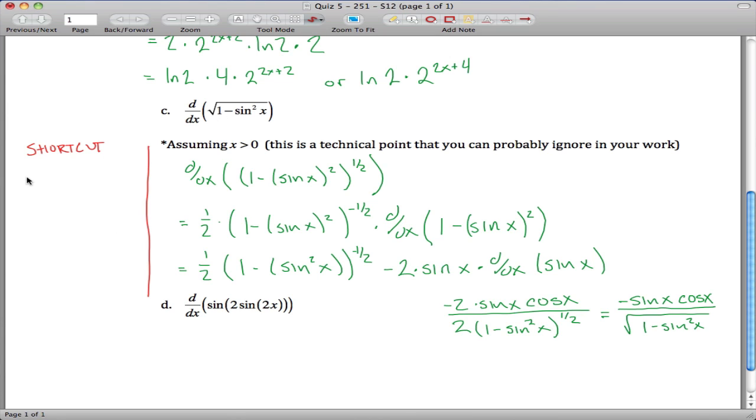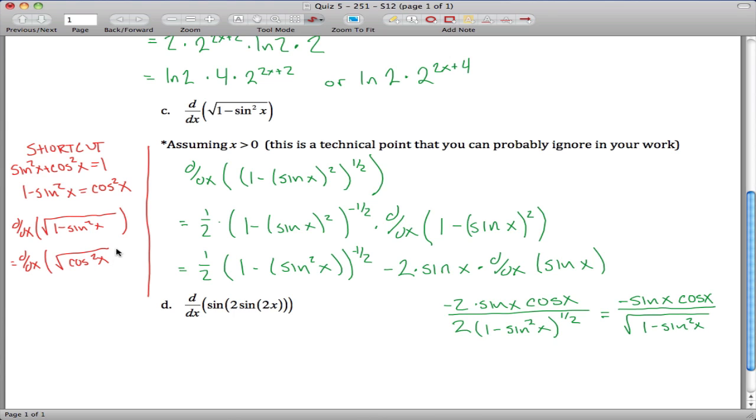And the shortcut is, remember, sine squared plus cosine squared is equal to 1. So therefore, 1 minus sine squared is equal to cosine squared. So I can really say the derivative of the square root of 1 minus sine squared of x is really just the same as the derivative of the square root of cosine squared of x.